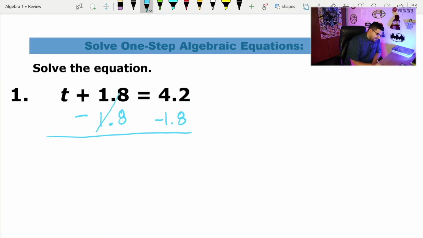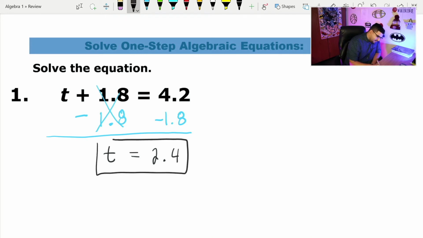So the 1.8 will cancel out on the left side, leaving me with t. Now 4.2 minus 1.8 should leave you with 2.6. Or actually, sorry, 2.4. This would be your final answer.